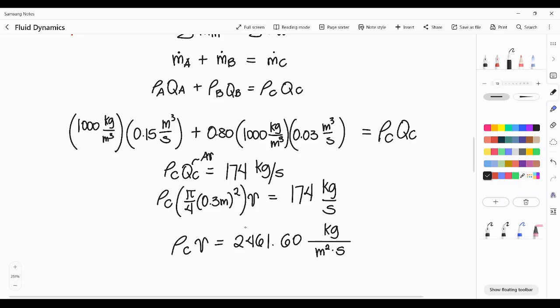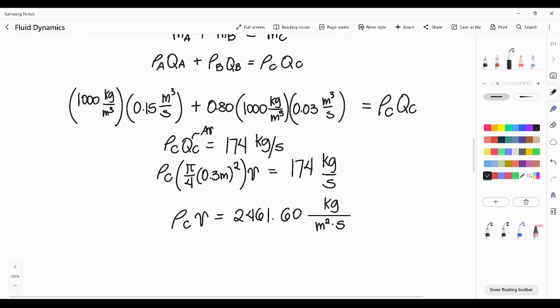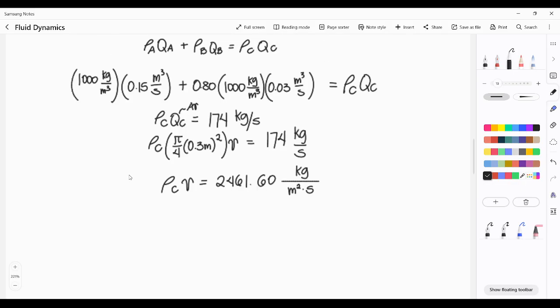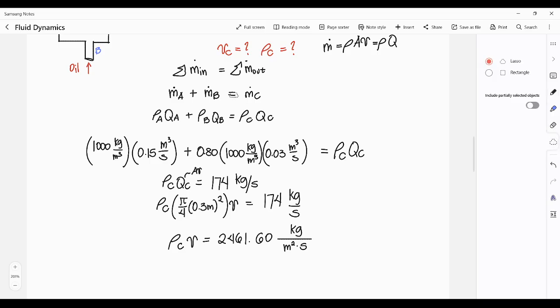So, hayaan lang muna natin yan. We are missing two variables, yung dalawang hinahanap natin. So, we need another equation. So, saan natin siya kukunin? We will get our next equation sa continuity equation naman.